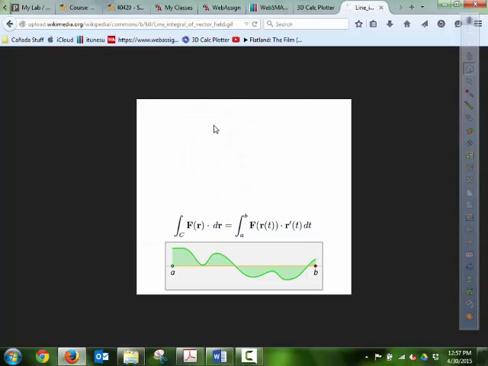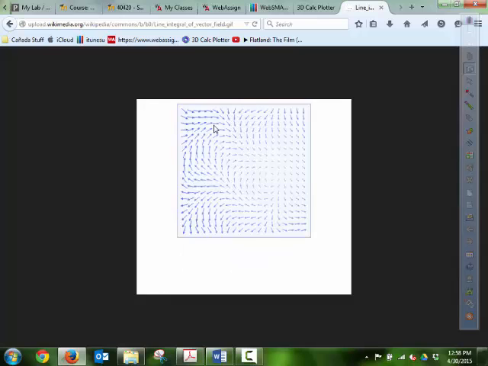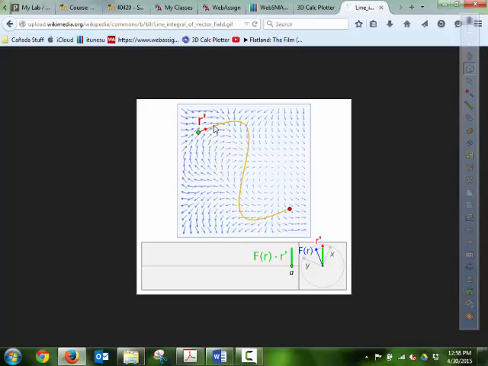The wind is the blue vector blowing around. If it's blowing in the same direction as you're driving, that gives you a positive contribution for your work. If it's going the opposite direction, it contributes a negative component. And if it's blowing perpendicular to you, the dot product of two perpendicular vectors is 0, so that contributes 0 for your work.